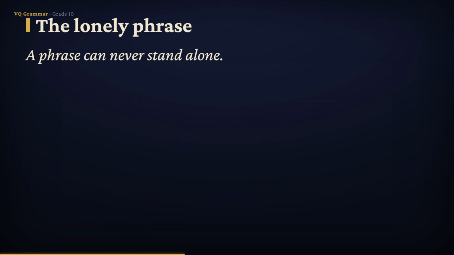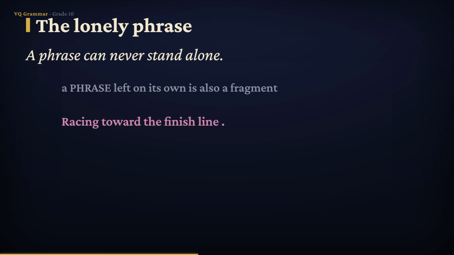There's a close cousin of that third cause, and it comes straight out of Unit 3, the lonely phrase. A phrase is a group of words with no subject and no main verb, so it can never stand alone either. Here are three of them. Racing toward the finish line. That's a participial phrase. Under the rusted iron bridge.